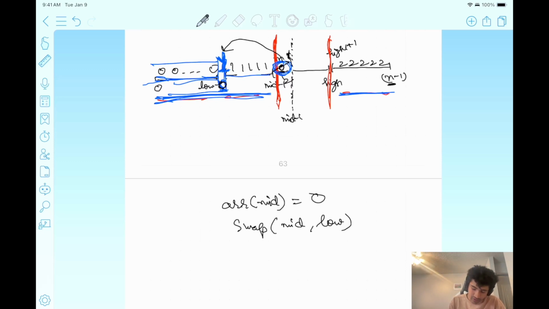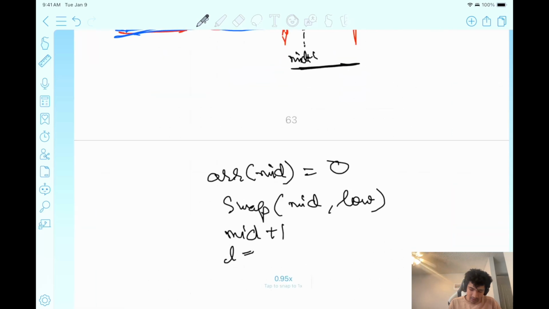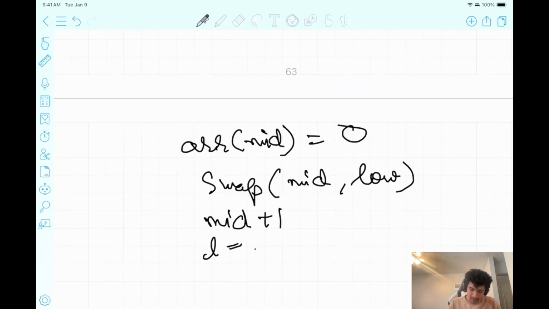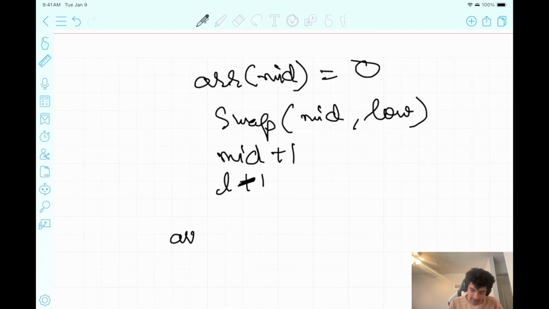Like you need to sort from mid plus 1 till your high, right? So you need to increment your mid by 1, and your low should also be increased by 1, right? Since your low to mid minus 1 range consists of all the ones, low will become low plus 1, right?